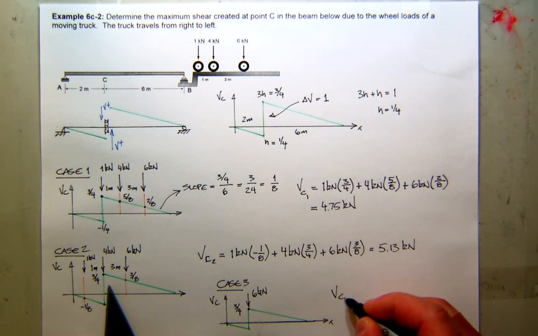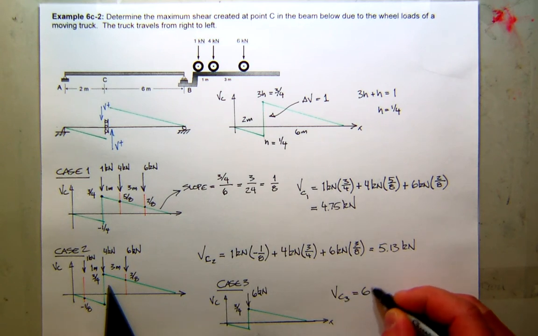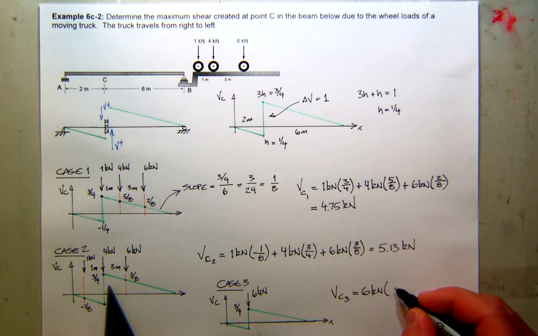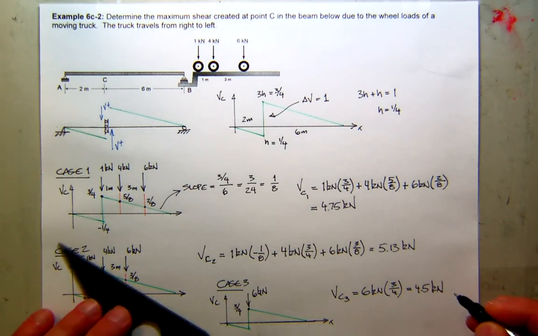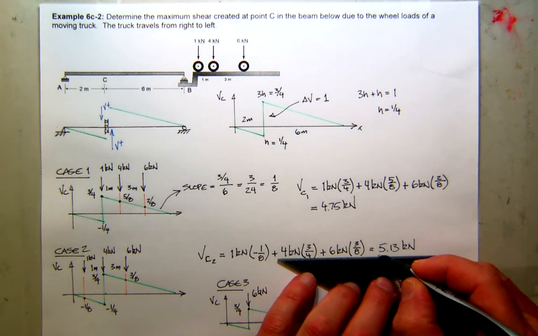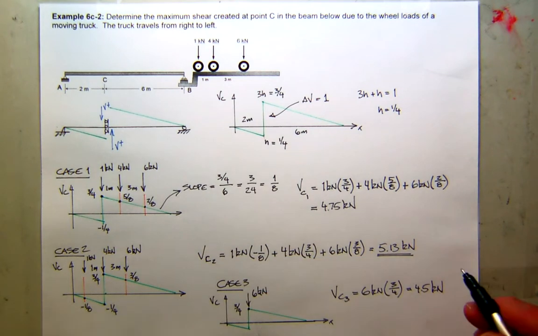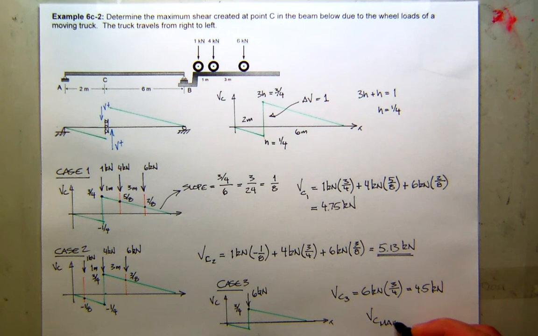So the shear at C for case 3 is just going to be 6 kilonewtons times 3/4, which is 4.5. So this becomes the max value. So the shear at C max would be 5.13 kilonewtons.